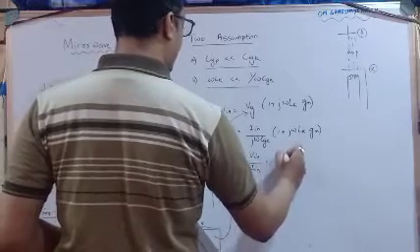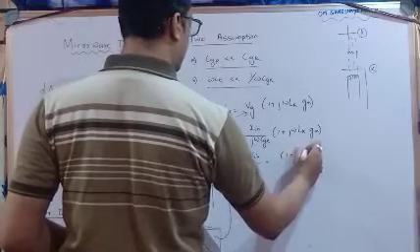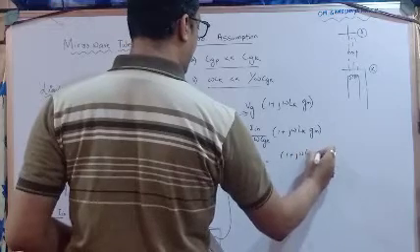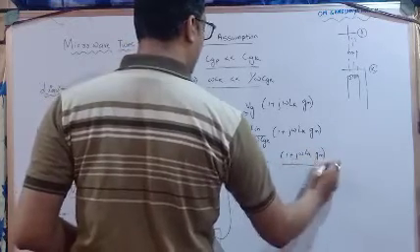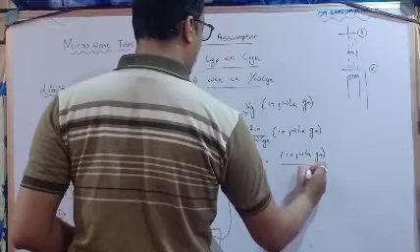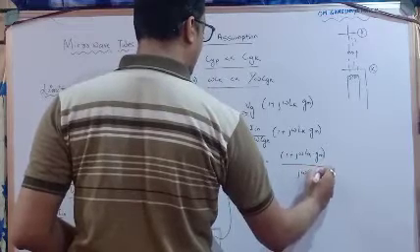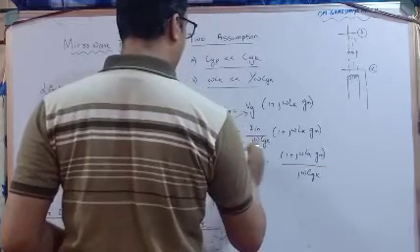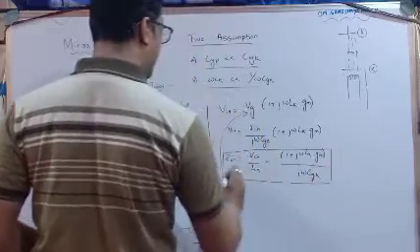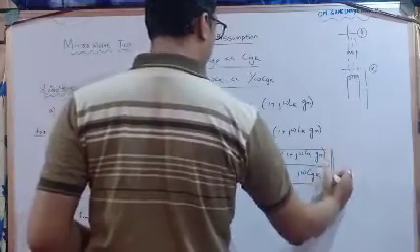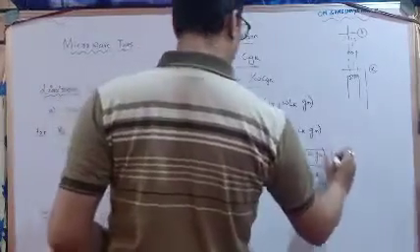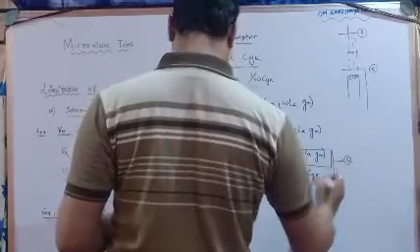So here I can write 1 plus j omega Lk into Gm divided by j omega Cgk. This is my input impedance, equation 5.